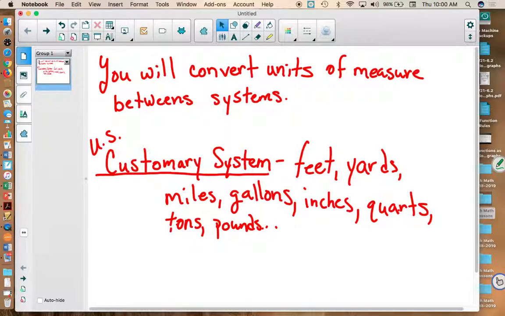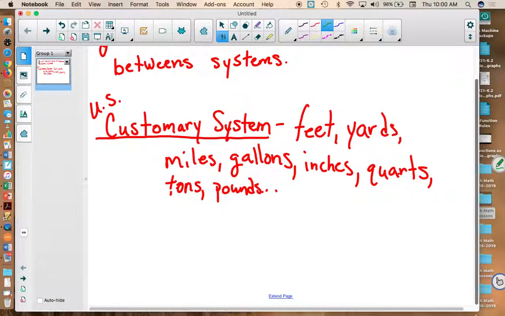Okay? The other system that we're going to be working with, the name has been thrown out there, and it's pretty much what the rest of the world uses. It's known as the metric system. The metric system is what we call a decimal system.